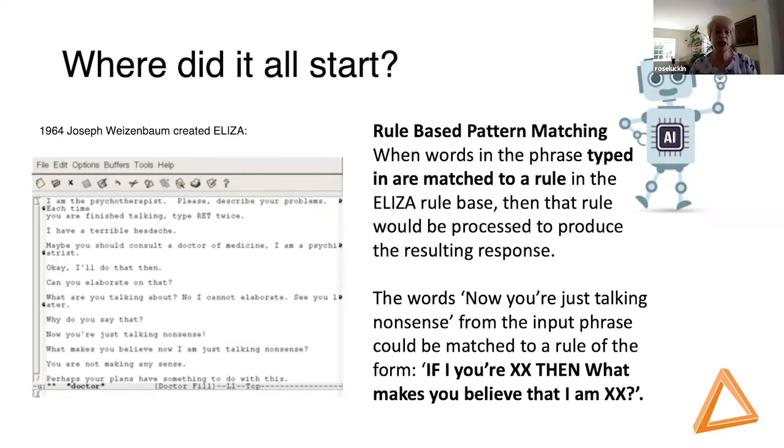And that might have occurred because there's a rule in ELIZA's rule base that says something like, if you match the pattern, in this instance, now you're just talking nonsense, then the response from ELIZA is, "What makes you believe that I am?" And we can see it on the screen. So in this example, ELIZA falls over very quickly.